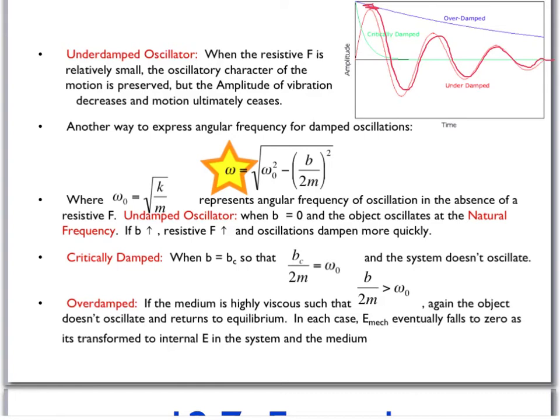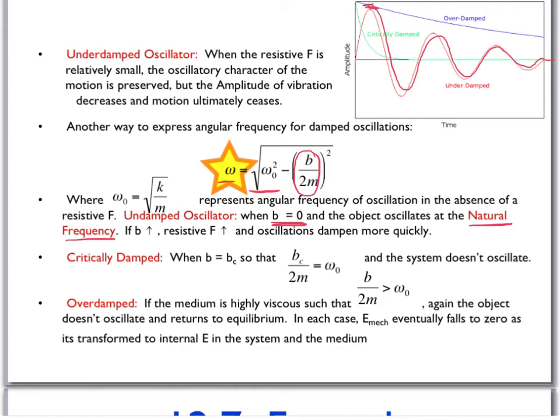Now we could define an undamped oscillator, which is when b equals 0. If b equals 0, this whole term equals 0, and omega simply equals omega naught, which says this object is going to oscillate at the natural frequency without any resistive force. But if b grew and was no longer 0, your resistive force is going to grow and your oscillations will begin to dampen more quickly.